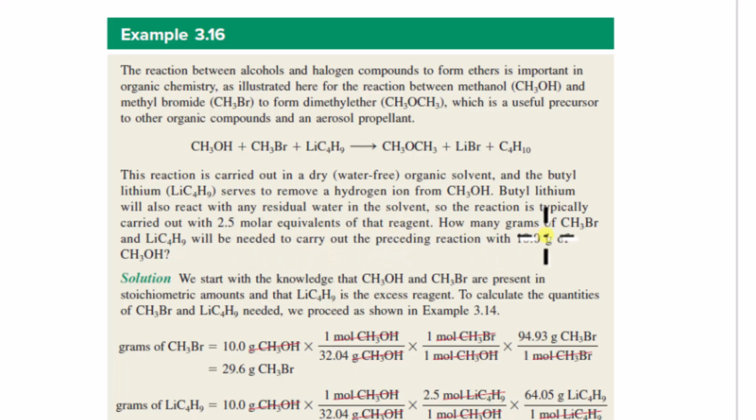How many grams of methyl bromide and butyl lithium will be needed to carry out the preceding reaction with 10 grams of methanol? Okay, so we're not going to go through all the calculations here, but I'm just trying to give you a sense for the application of an excess reagent.